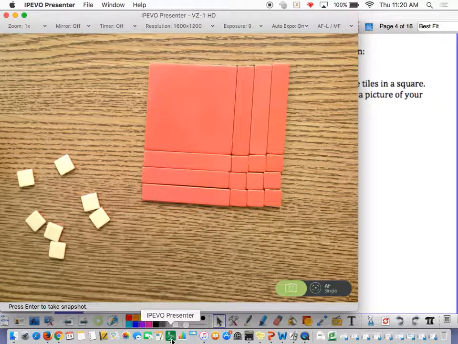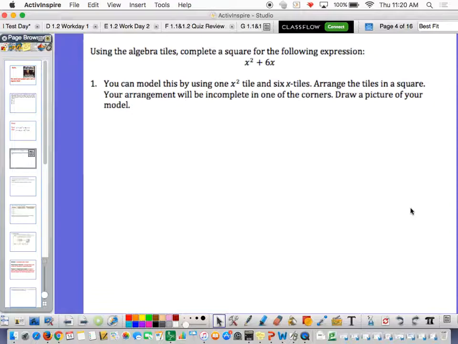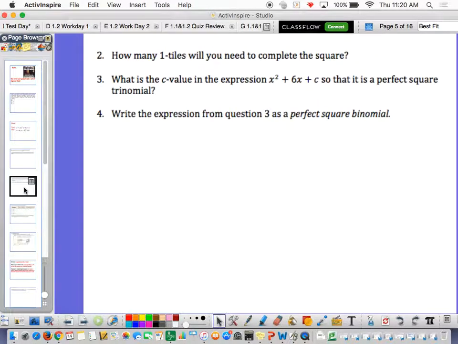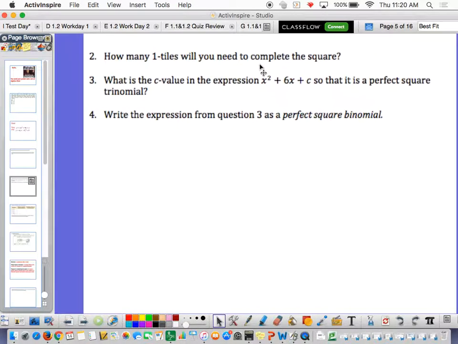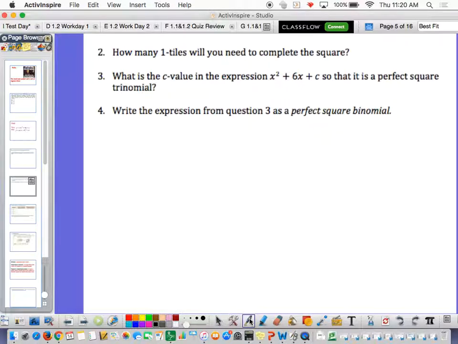Okay, boom. So we need 9. So if we go back to our notes here, how many 1 tiles would you need? You're going to need 9 of them, okay? So what is the c value in the expression x squared plus 6x plus c so that it's a perfect square? It's 9. The c value would be 9. We created a perfect square.